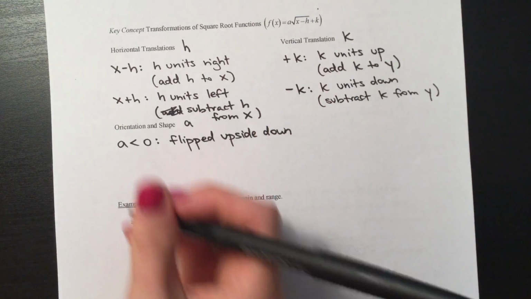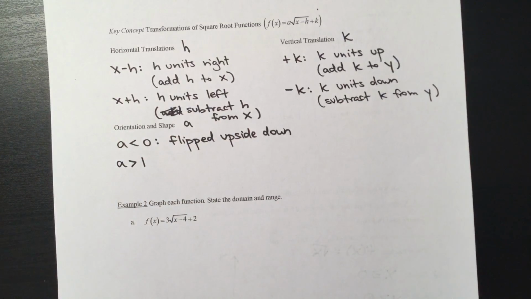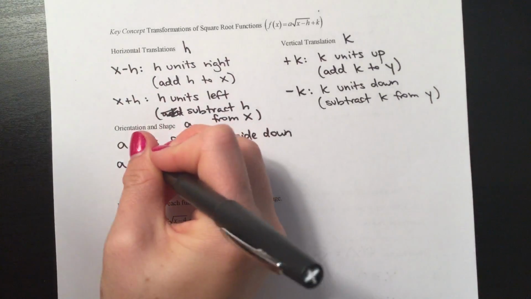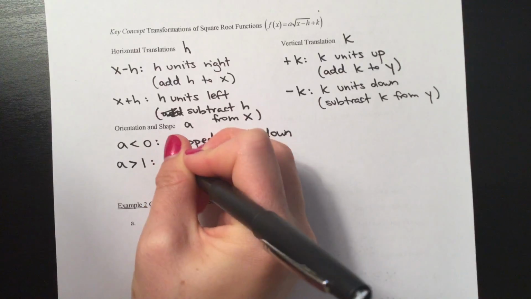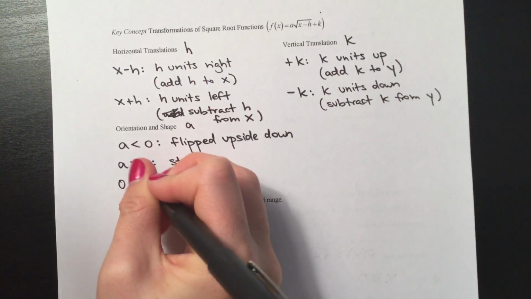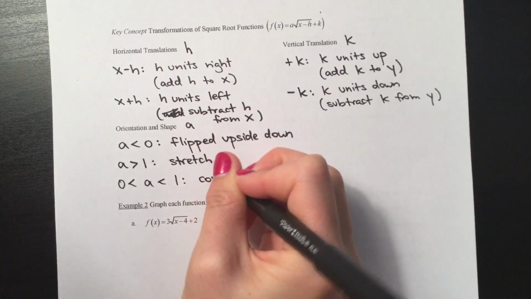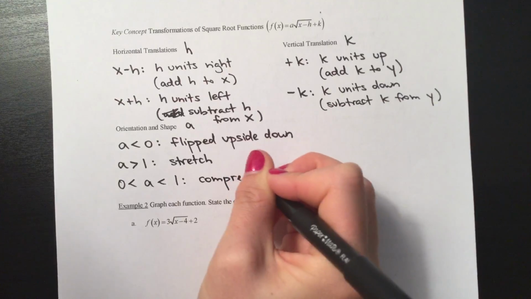And then if you have a large value of a, like 2 or 3 or something like that, you're going to have a vertical stretch. And if you have some sort of fraction, like 1/2 or 1/3, that's going to be a vertical compression on your graph.